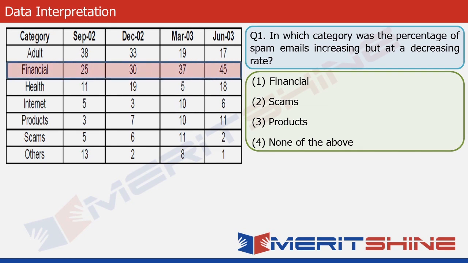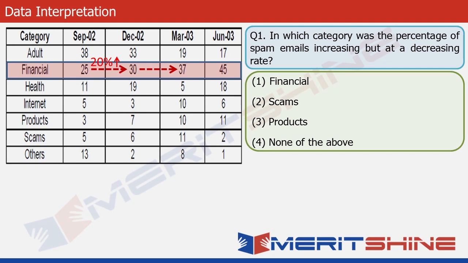We can see that from September 2002 to December 2002, there is a jump from 25 to 30 in this category. So that's a jump of 20%. Now let's check the jump from December 02 to March 03. The figure for December 02 is 30. 20% of 30 is 6.